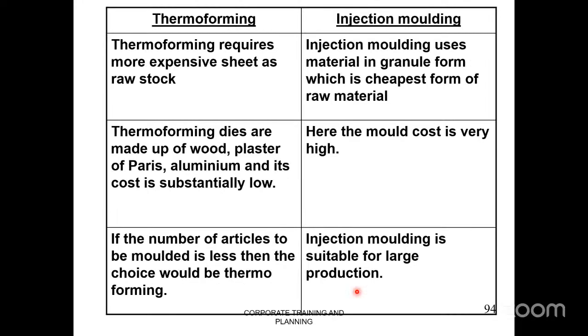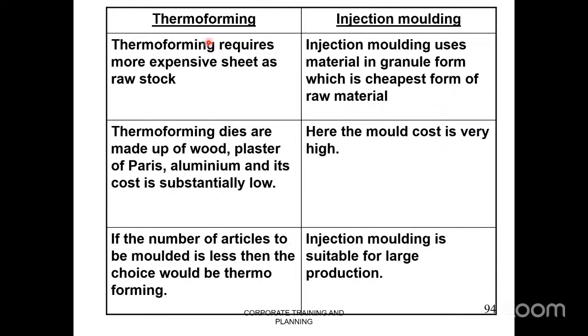Now, the difference between thermoforming and injection molding process. See here, thermoforming requires a more expensive sheet as raw stock. But here we are using granules, and therefore the cheapest form of raw material.